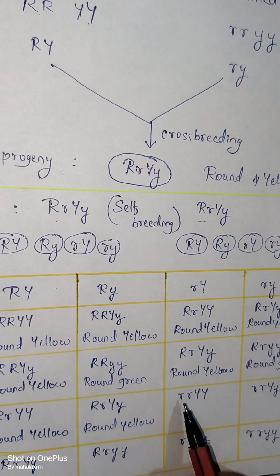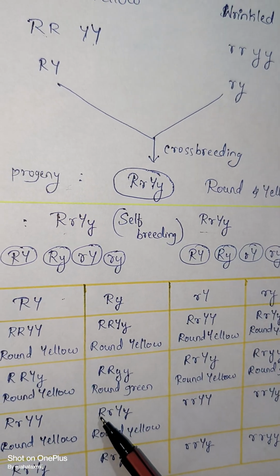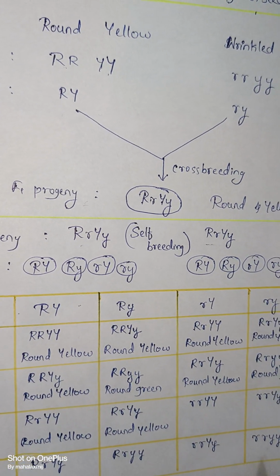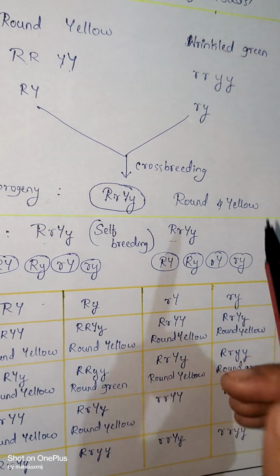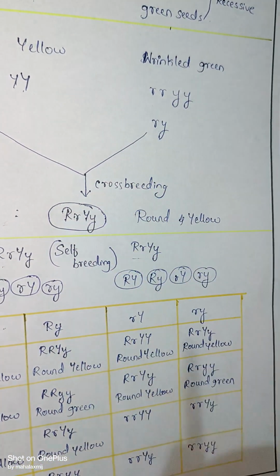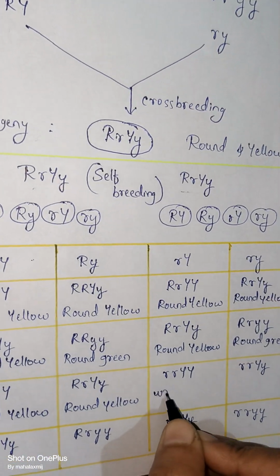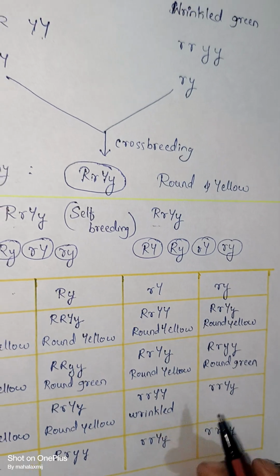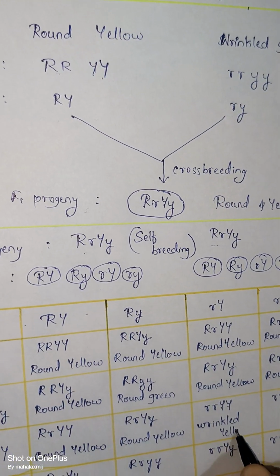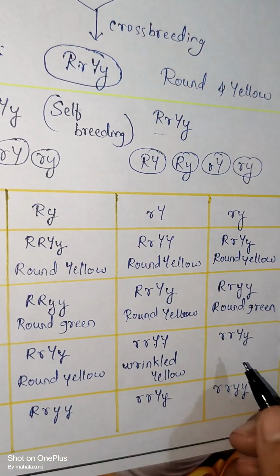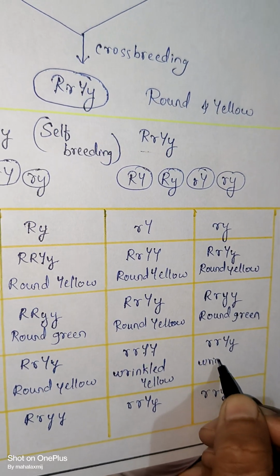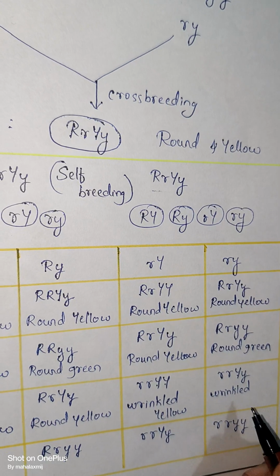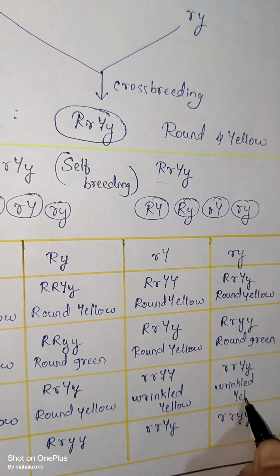Now if you see here, till now we got at least one capital R everywhere, but in this case both the R's are small, so small r resembles the wrinkled character, so it is wrinkled. But these both are capital Y, so again yellow. Here both are small r, wrinkled. One of them is capital and another one is small, so it is yellow.